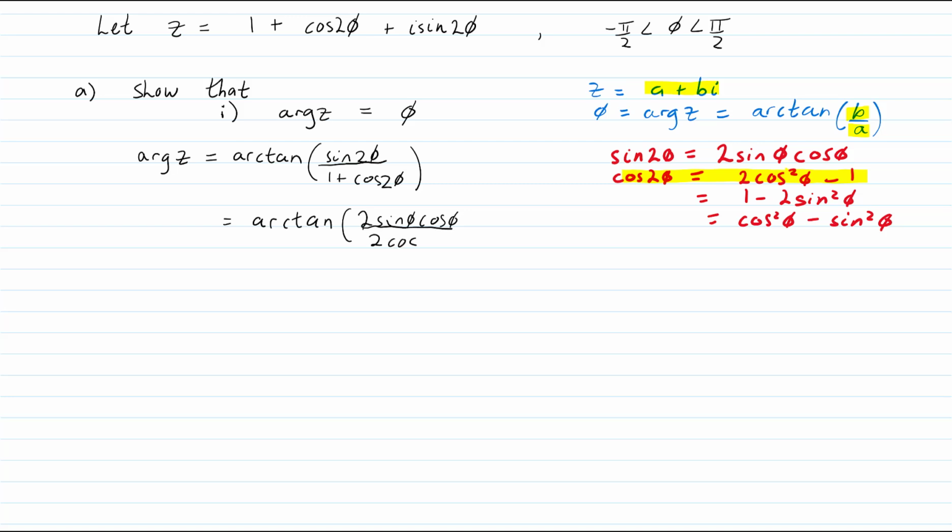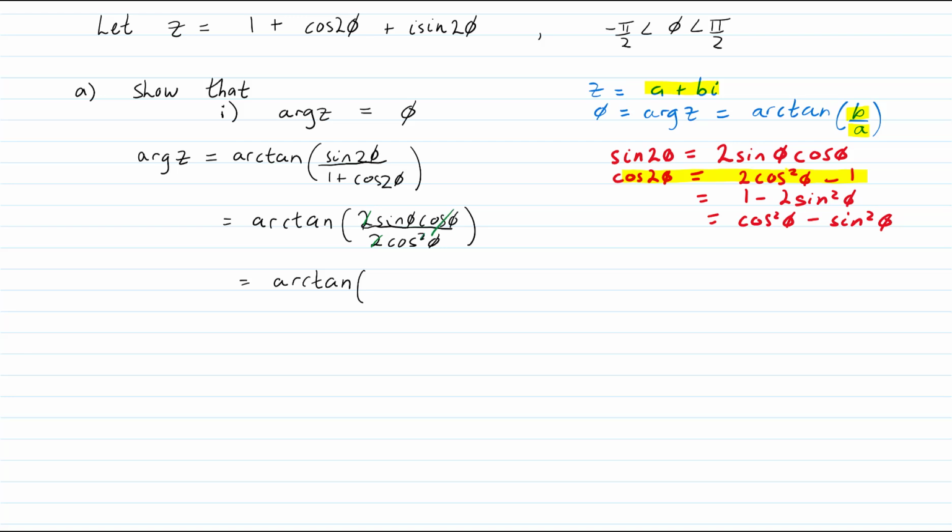Okay, so we get this. And that denominator is actually always going to be positive, cos squared, so between negative pi over 2 and pi over 2. Okay, now we can just go about simplifying this. So we get arctan of, well, the 2's will cancel, and one of the cos thetas will cancel.